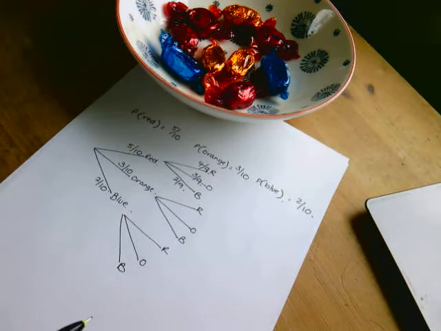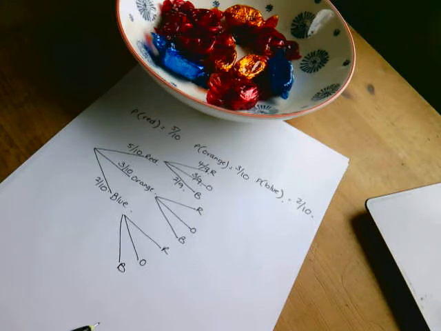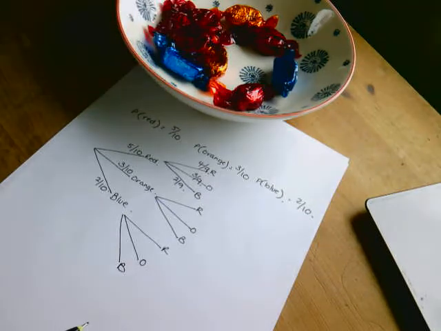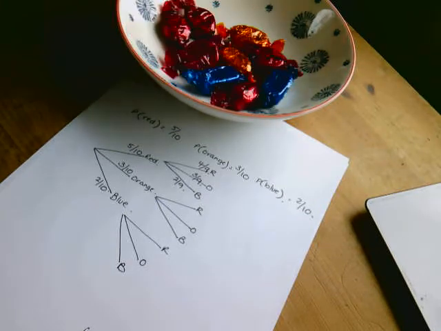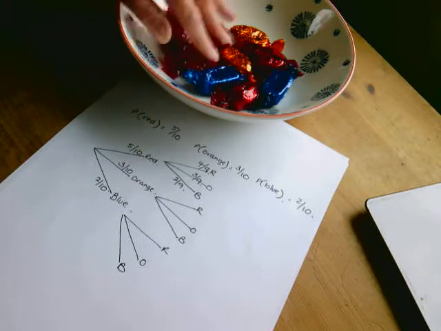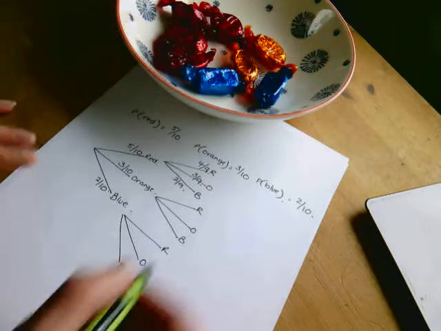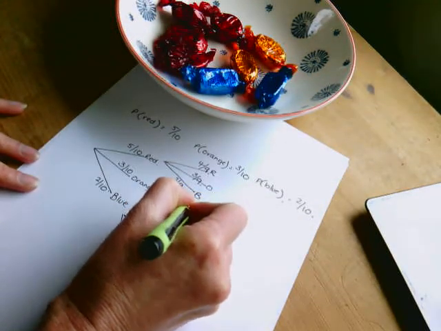Now I'm going to put that red one back in and look at what would happen if I took an orange one first. So I take out the orange sweet. That one's gone. Second time round, the probability of taking a red, well there's still 5 red sweets, but only 9 left in the bowl, so that's 5 out of 9.